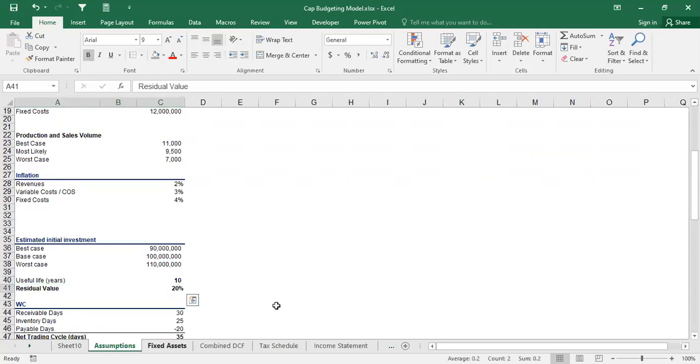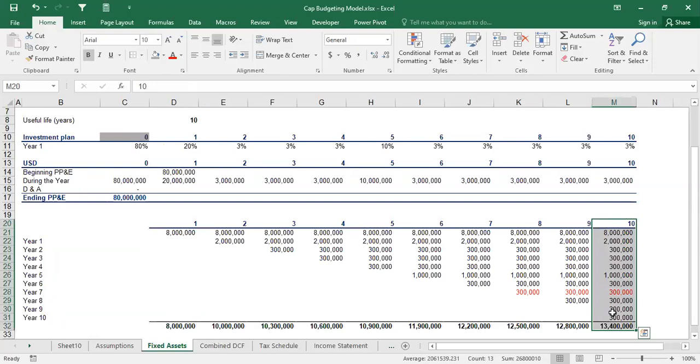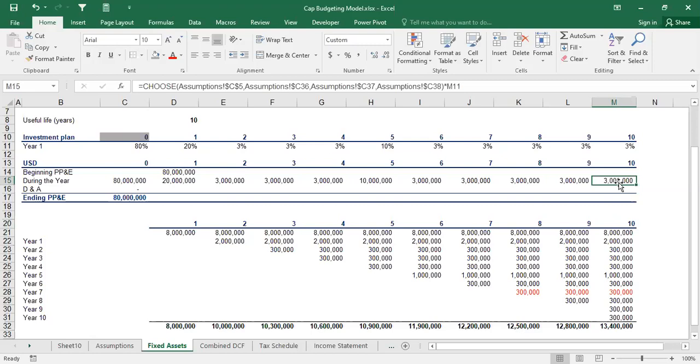So not all of the assets are fully depreciated on one single day. When you are closing your business, it is possible that there is some asset which you just purchased in January or February of year 10. And at the end of year 10, you have to stop the business. So this asset will not be fully depreciated. And because of such assets, you will have some residual value.